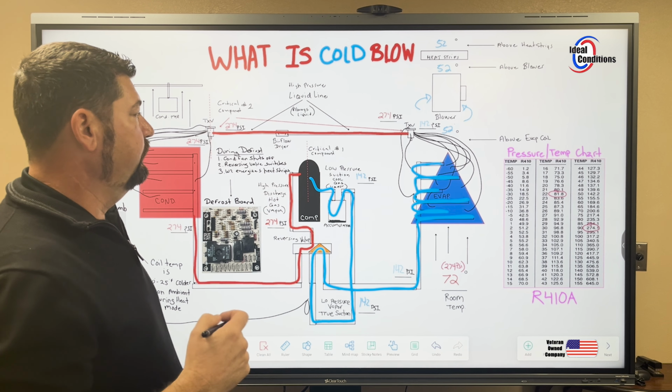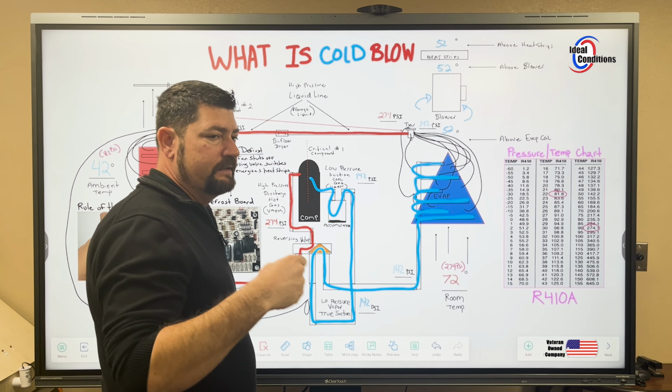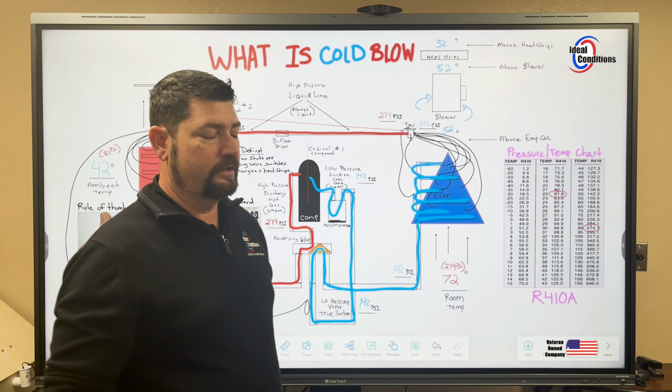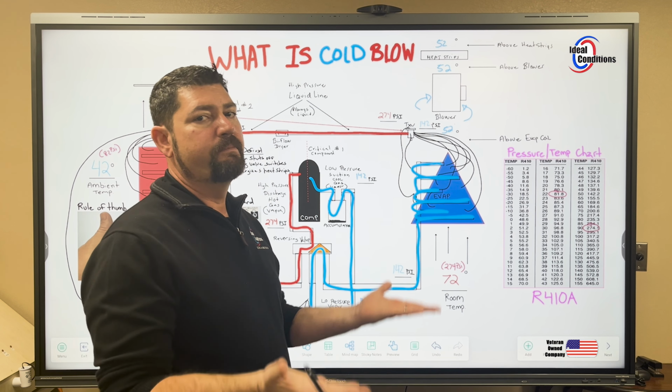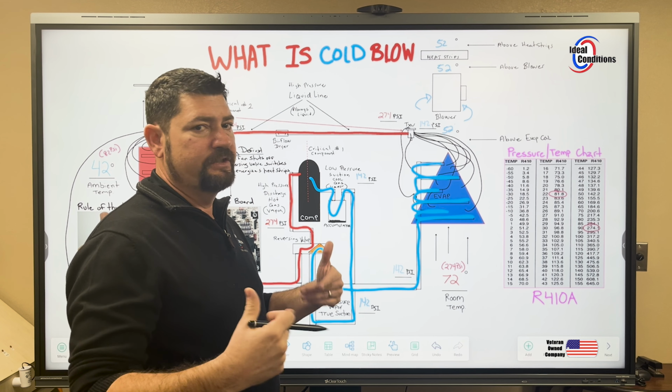What happens is throughout the night, you're dropping the temperature multiple times when you go through a defrost cycle. When you come out of a defrost cycle, you're warming it back up, but it's going to run longer now because it's got to catch up on what it lost.